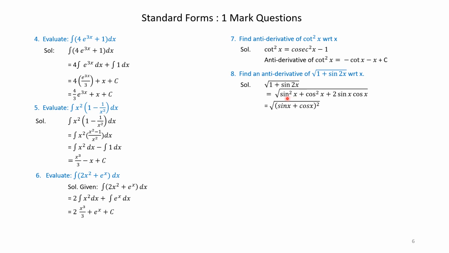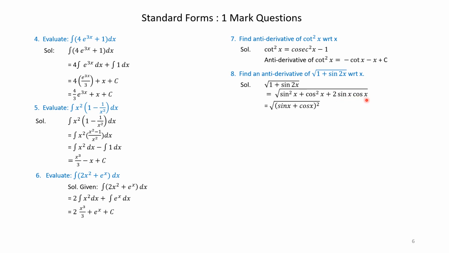Therefore, this will be (sin x plus cos x) whole square. That is, suppose sin square x is a square and cos square x is b square, then a square plus b square plus 2ab, where a is sin x and b is cos x.